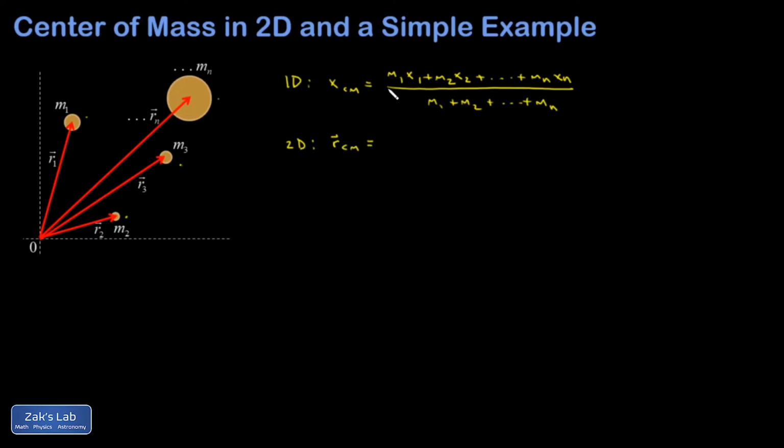It's exactly the same process. I take M1 R1, M2 R2, all the way to the nth particle. Then I divide by the sum of all the masses put together.